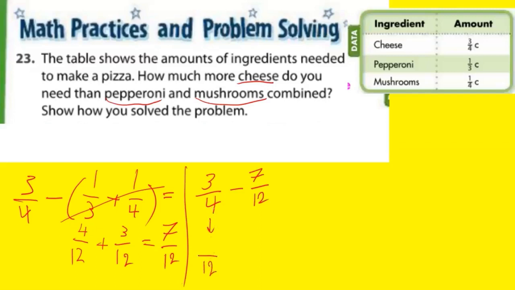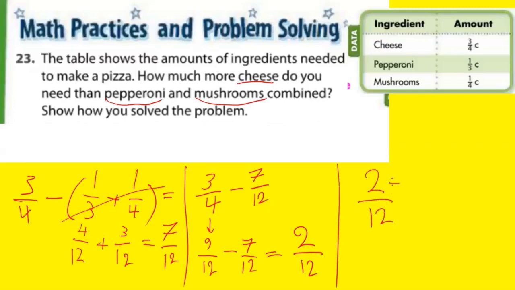What makes 4 to be 12? Multiplied by 3 up and down. It's 9 over 12 minus 7 over 12. It will equal 2 over 12. And if we make this 2 over 12 in the simplest form, I will divide up and down by 2. 2 divided by 2 equals 1, 12 divided by 2 equals 6, so the final answer is 1 over 6.